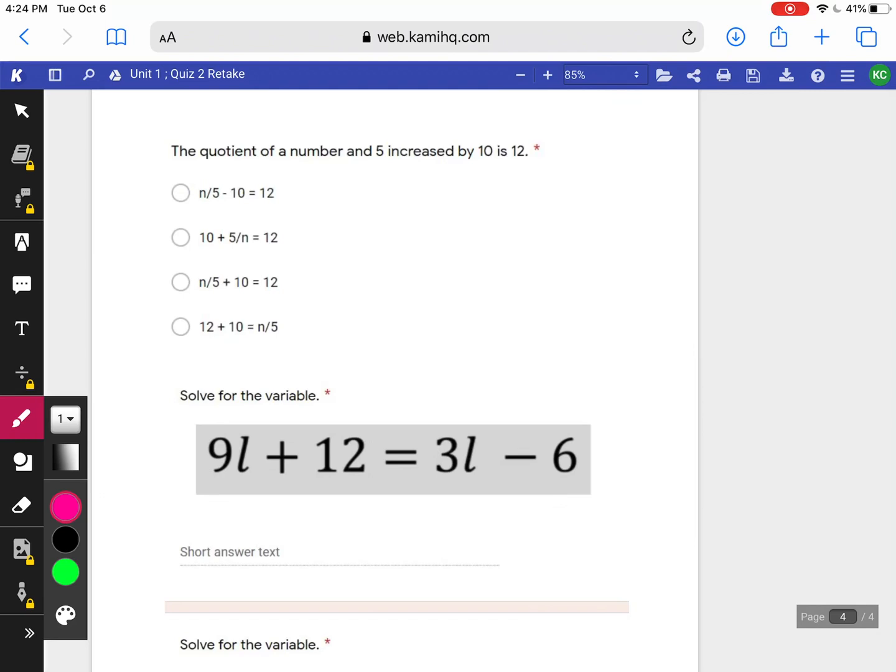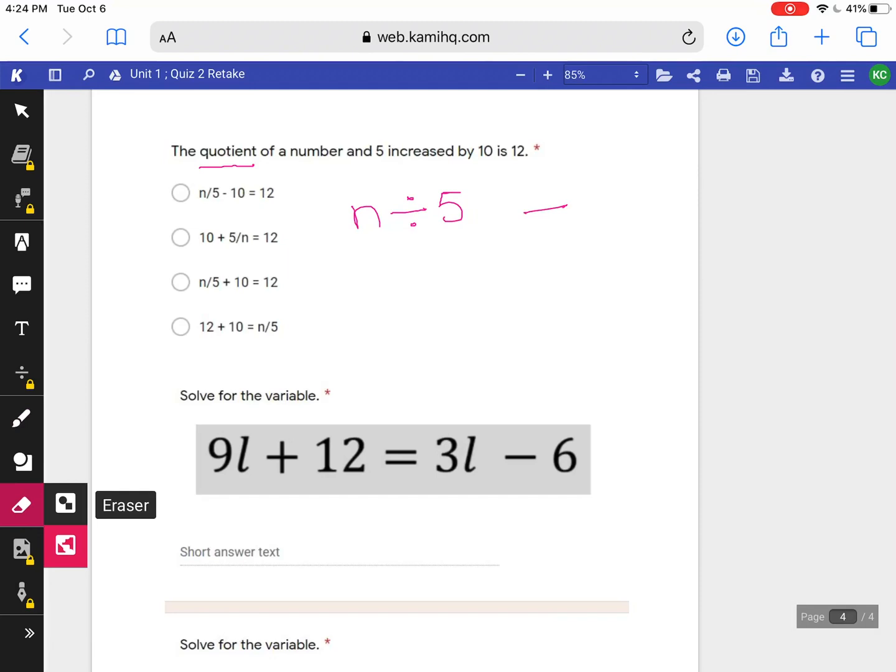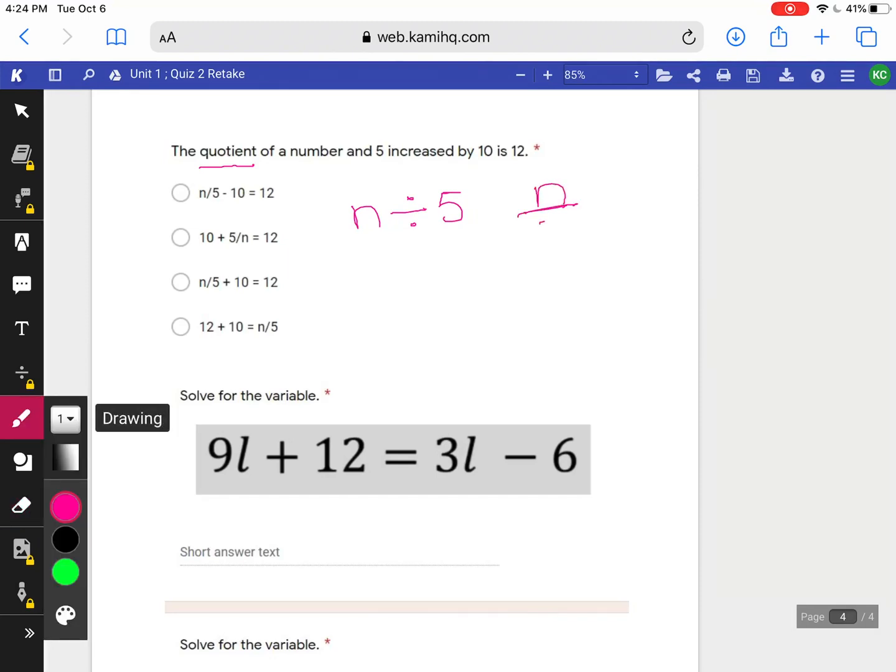The quotient of a number and 5, the quotient, so we know that we're dividing something. We can use the division or we can use the fraction bar. The quotient of a number and 5, a number divided by 5, increased by 10.